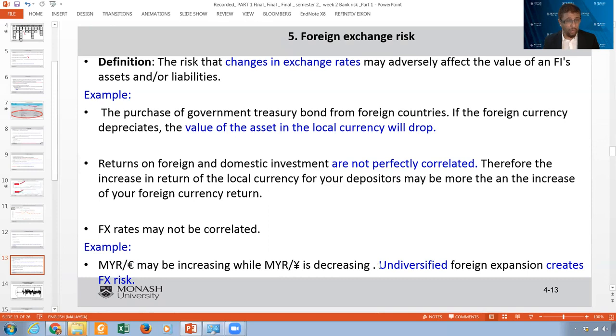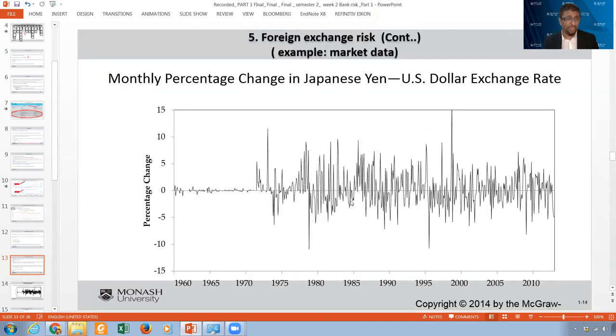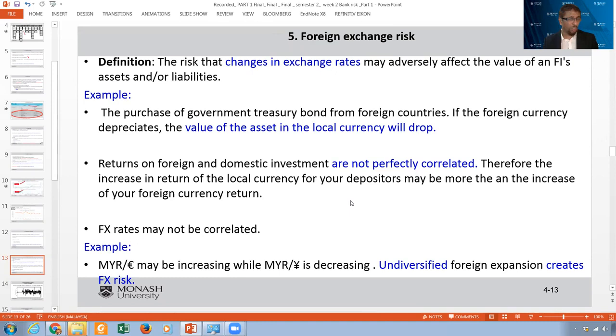If you are not diversifying your foreign currency investment in a very clever way, that will create a problem. This is the issue of foreign currency, which we are not covering deeply in this class.